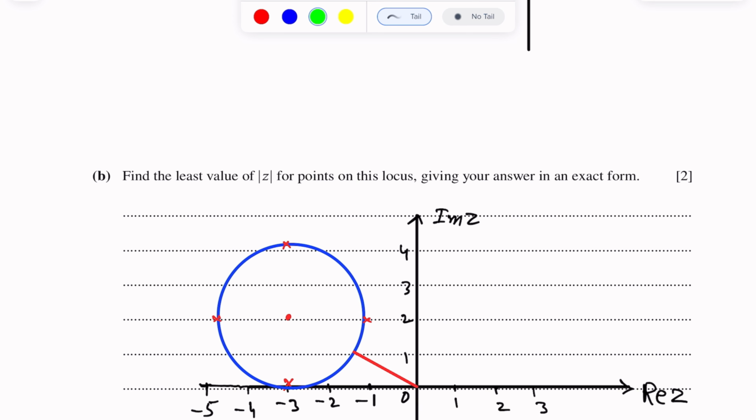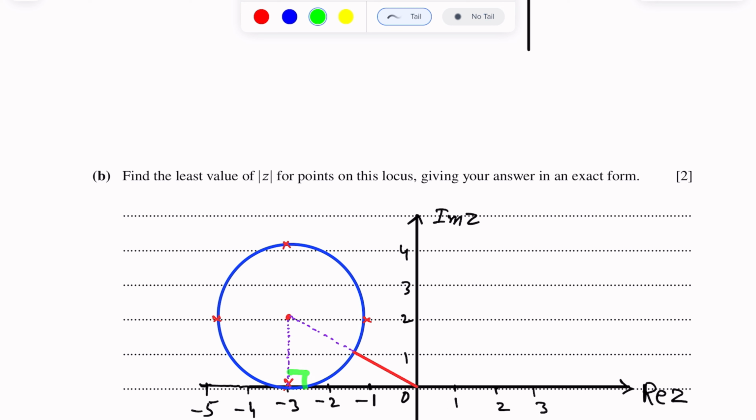So we further make a construction. We join the origin to the center of the circle. This is a construction. In this way we can easily find the length of this line, which is the least value of modulus of z.